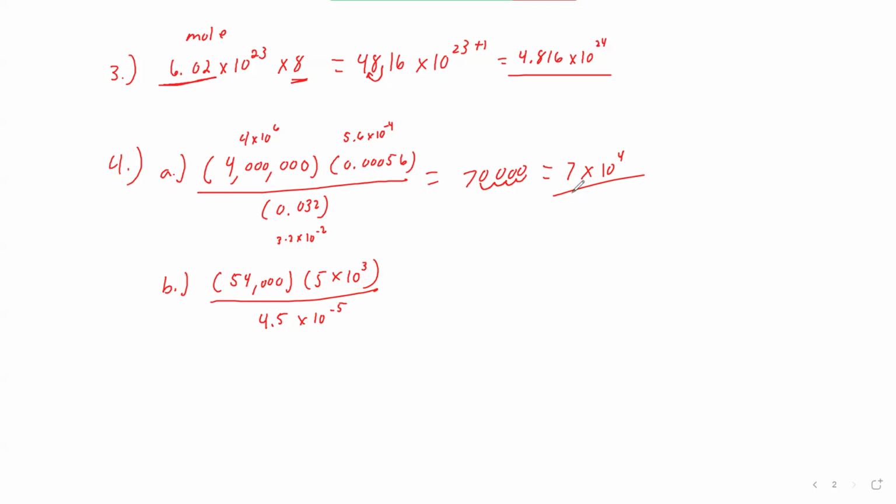You trying to convert this back to 70,000? So you would say 7 times, that's what this X is. It's not the letter X, but a multiplication. 10 raised to the 4th power. It should pop right back out as 70,000. That's a great way to check it too.